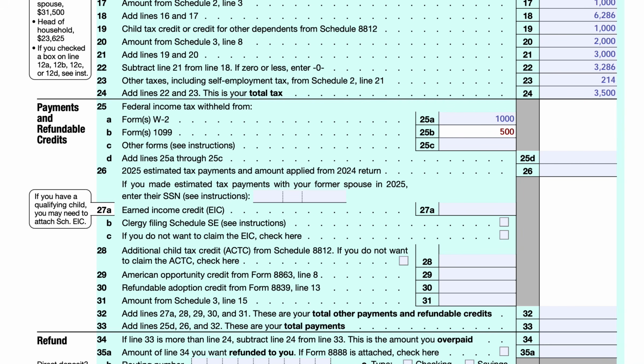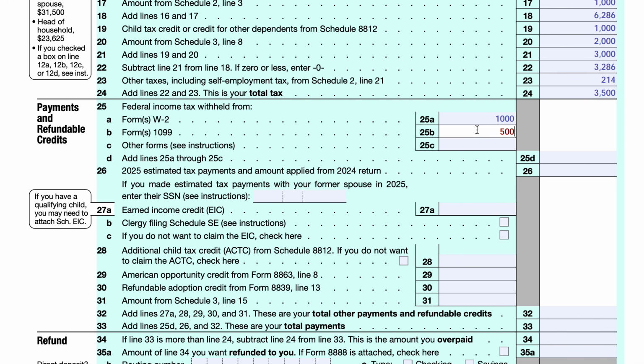Now in line 25C, we're going to talk about taxes that may have been withheld on other tax forms. So examples would include Form W-2G, that's the gambling income tax form.